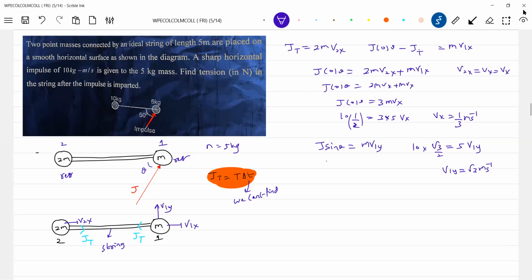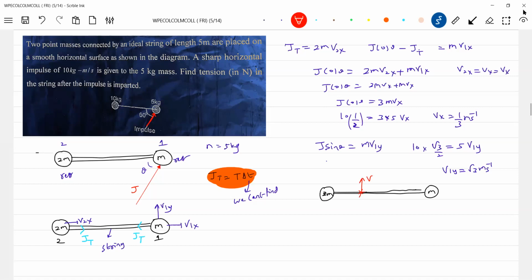What to do now? I'll take help of center of mass. In the center of mass frame, how will the balls appear to be moving? The center of mass will be nearer to the heavier mass.